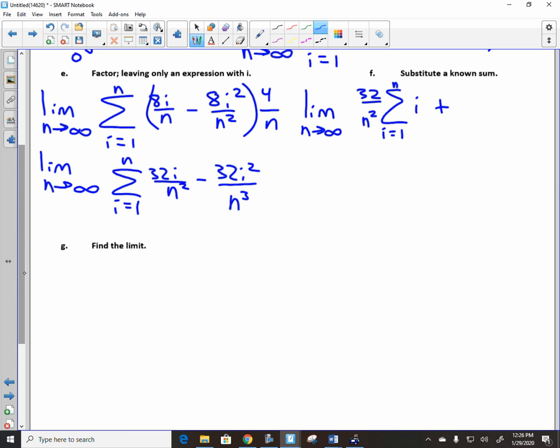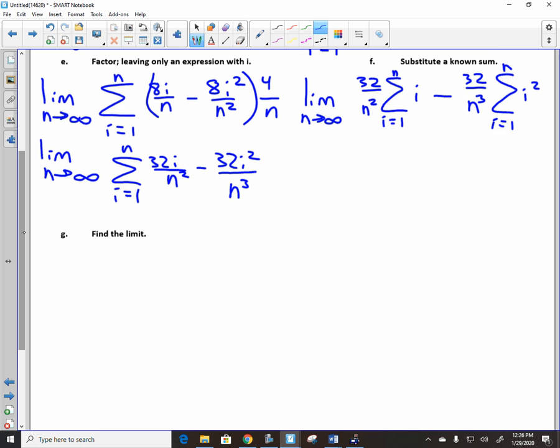Minus, what do we factor out of the next sum? 32 over n cubed times the sum from i equals 1 to n of what? i squared. Great.